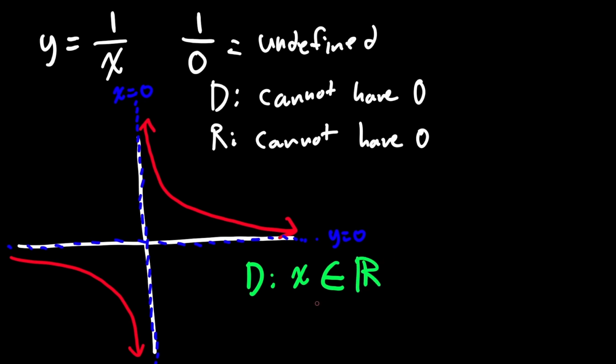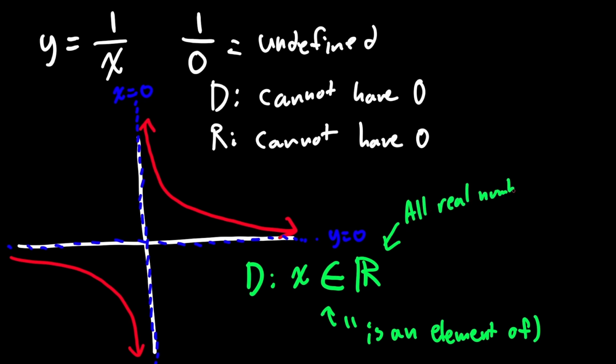Now, what each part of this means is different. So this E right here means is an element of, or is a part of the following set of numbers, and this R represents the set of all real numbers, right? So this statement is essentially saying the domain is that the x value is a part of the set of all real numbers.